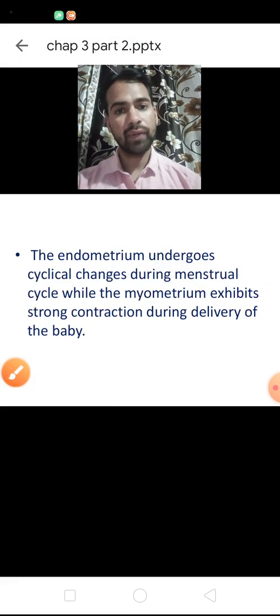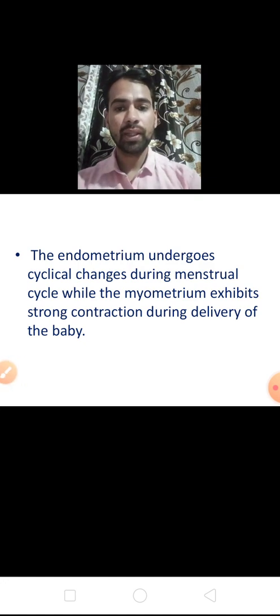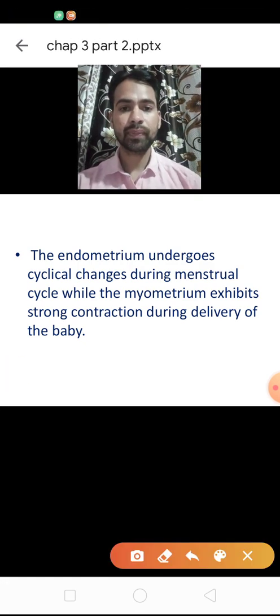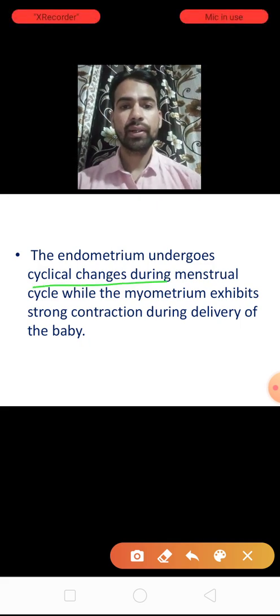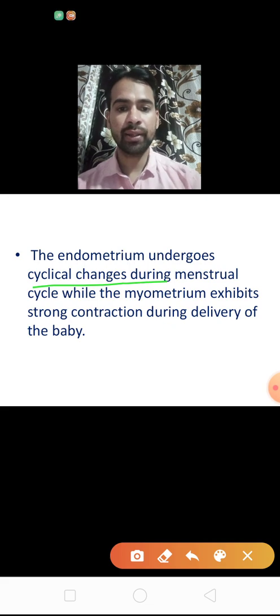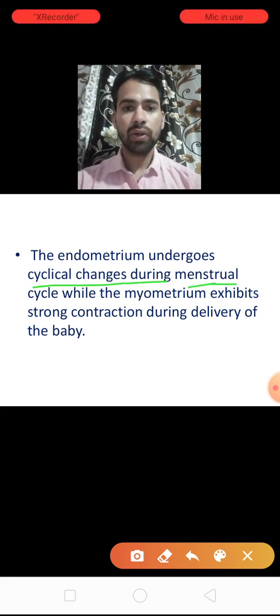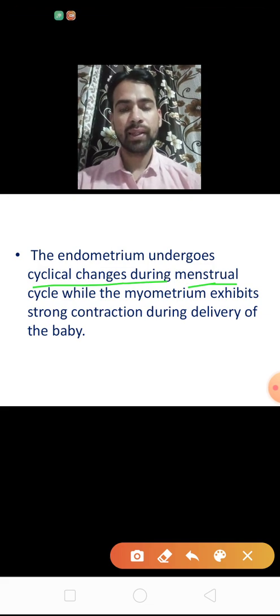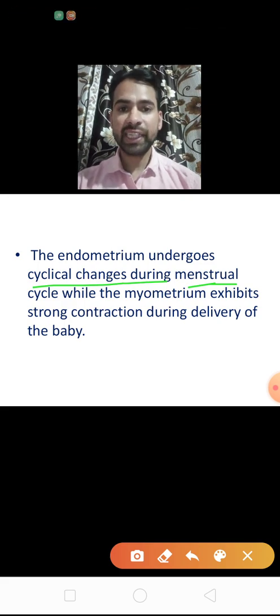We'll discuss the function. The endometrium, the innermost layer, undergoes cyclic changes during the menstrual cycle. It is torn or breaks down, and along with the egg released from the ovary, it is released from the vagina.